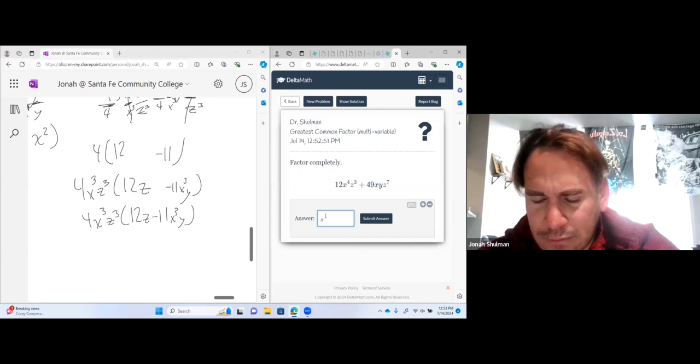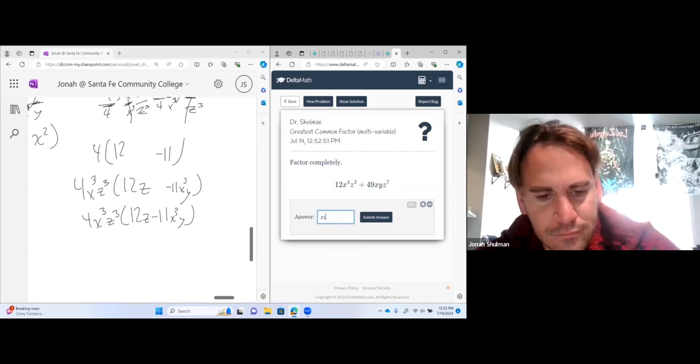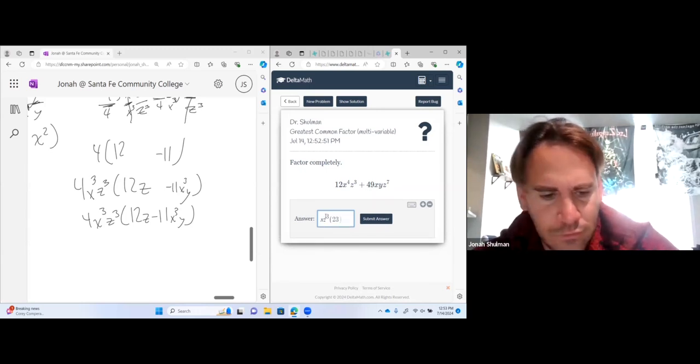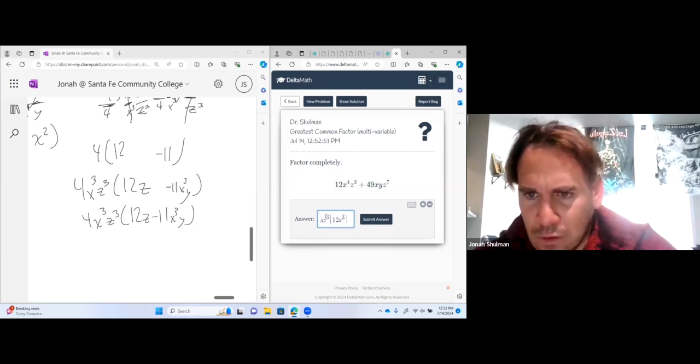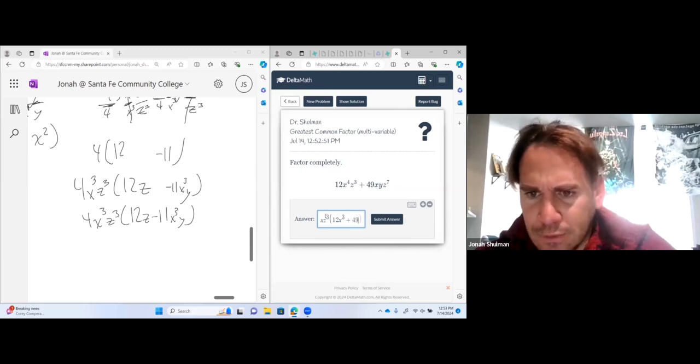So it's x z to the third. So it's going to be 12 x to the third, the z falls away, plus 49.